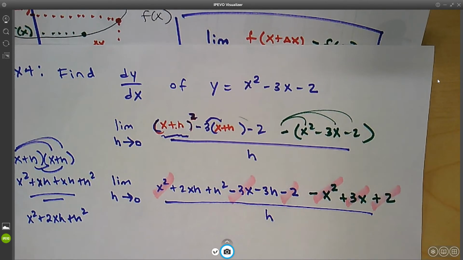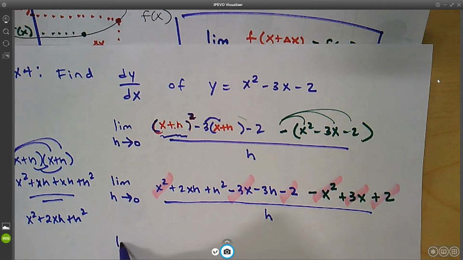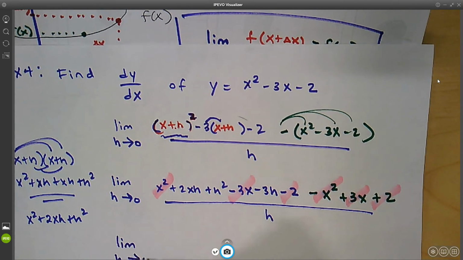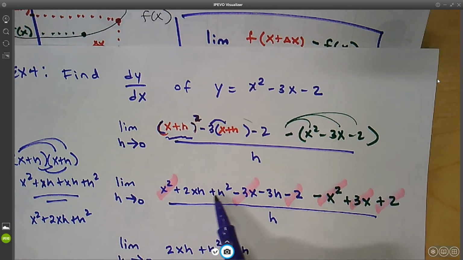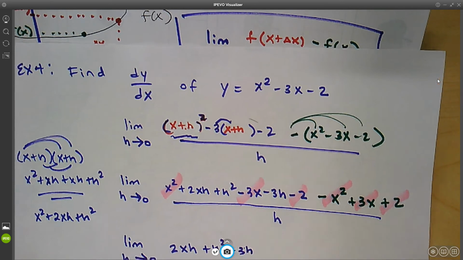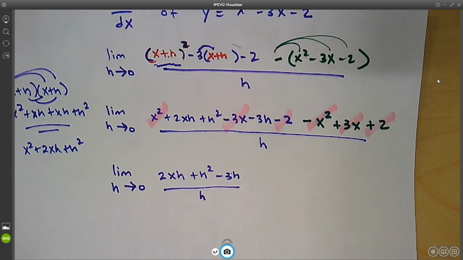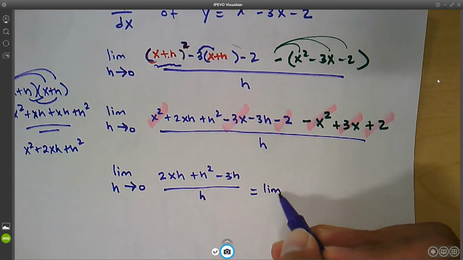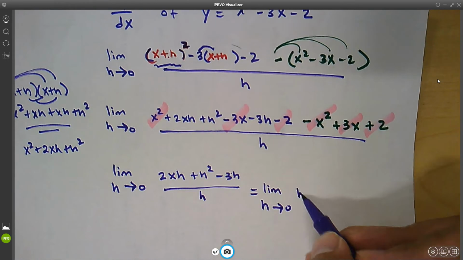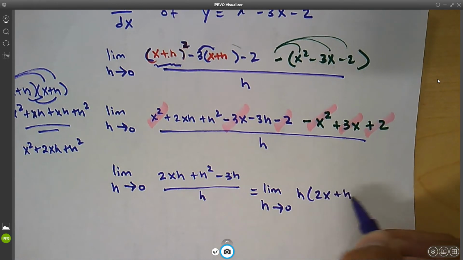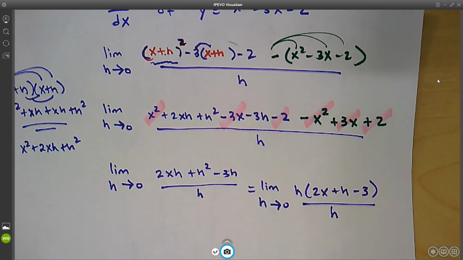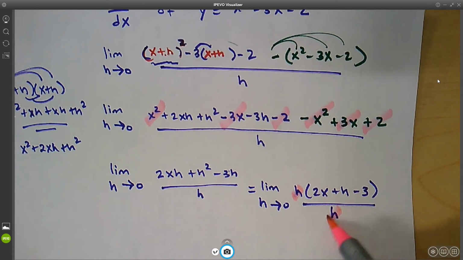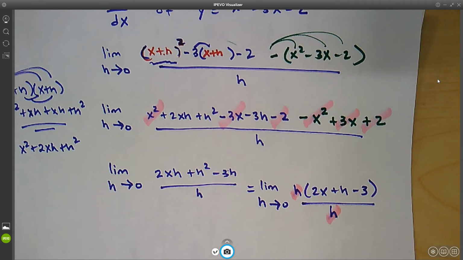So all of those go away. Write out what you have left. That's all I have left. And h gets factored out, so that you can cross off the h at the bottom with that h.